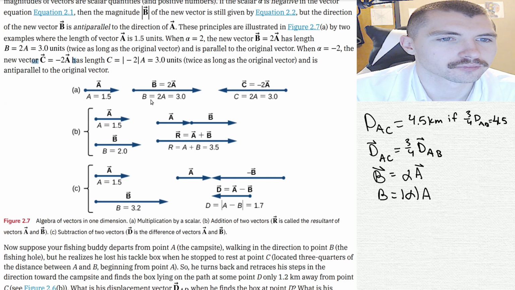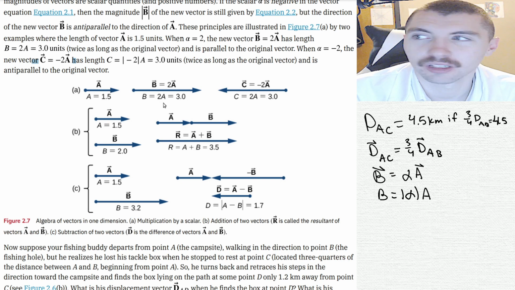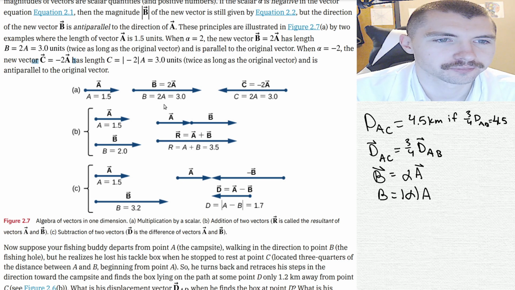Okay. Seems to be making sense so far. A is 1.5, B equals 2a equals 3. Vector B equals 2 times the vector A. C, if you want to go the other direction, take the negative of it.